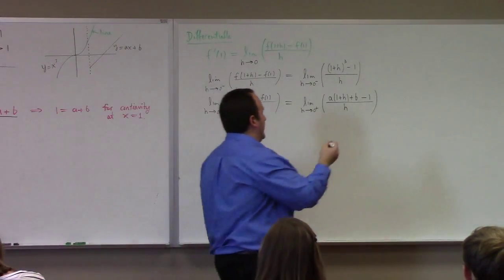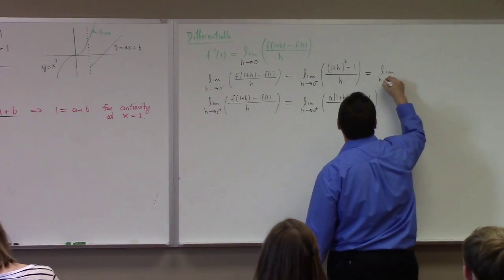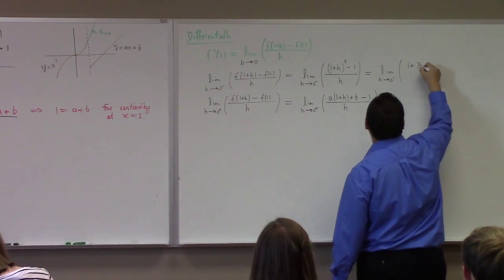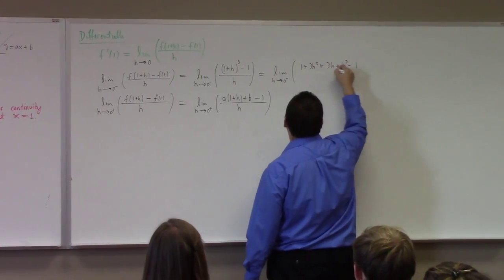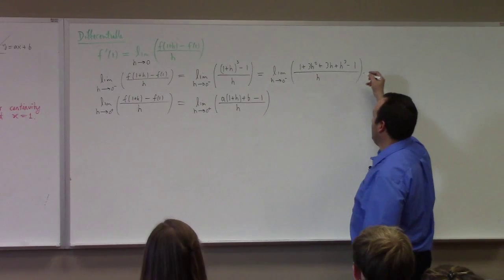Now this is kind of a drag, but it's not too bad. If you cube this out, what do you get? You get 1 plus 3h squared plus 3h plus h cubed minus 1 all divided by h. The 1's cancel.